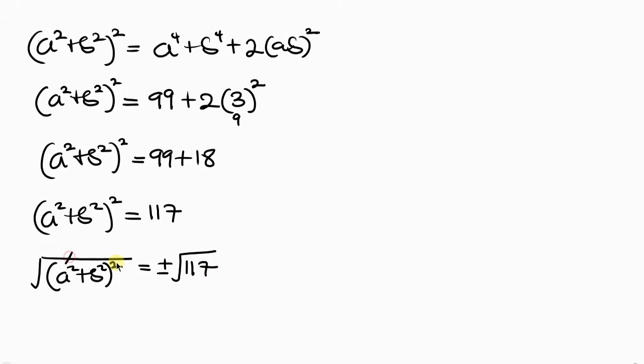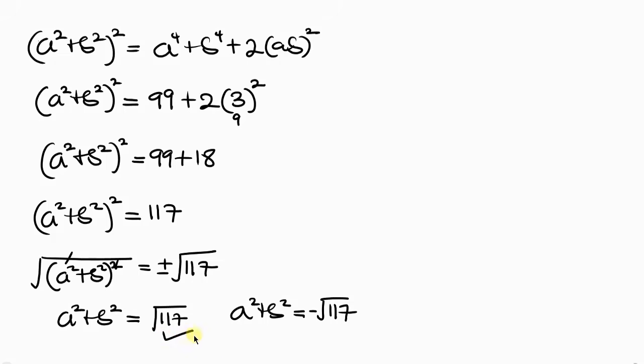Now see that this square root cancels out, leaving behind a squared plus b squared to be equal to plus the square root of 117, or a squared plus b squared will be equal to, now the other value is negative square root of 117. Now notice that the sum of two squares will always be positive. So we're going to accept this, but we're going to reject this since this is negative.